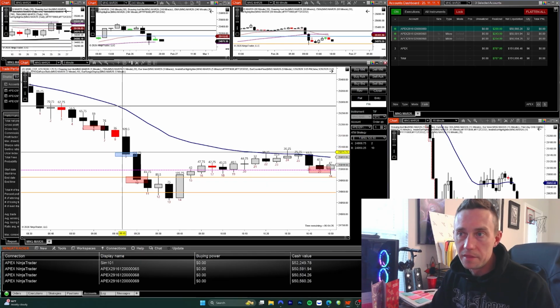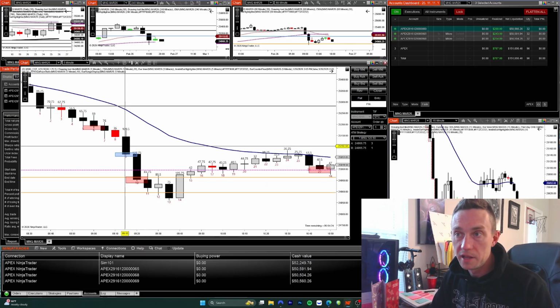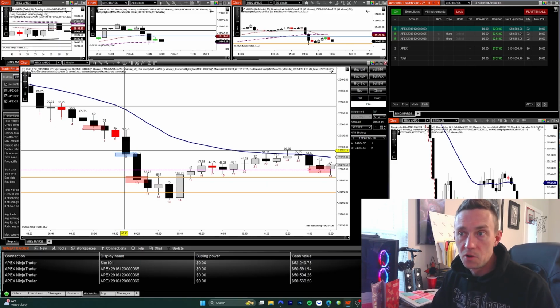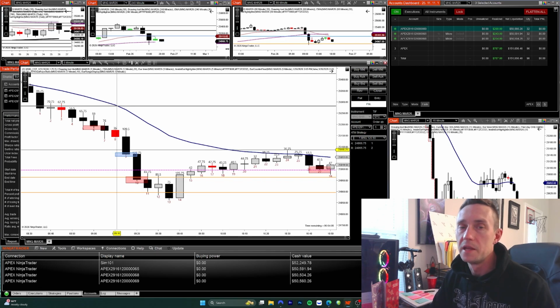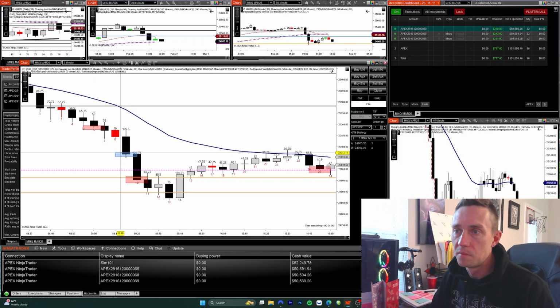But this is an acceptable trade, it just doesn't meet the criteria for my setup. So that's not an A+ setup for my strategy, but that's still probably at least a B+ or A- setup there. So that's a high probability setup too. It just didn't meet the criteria of my strategy. So then we get bar 10, and it was within the size requirements.